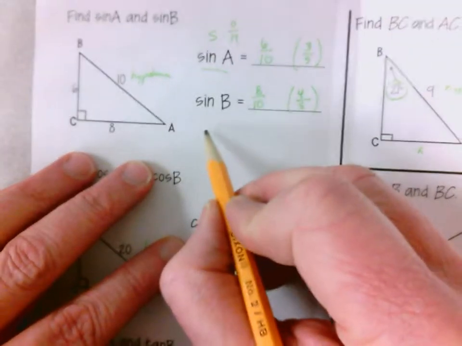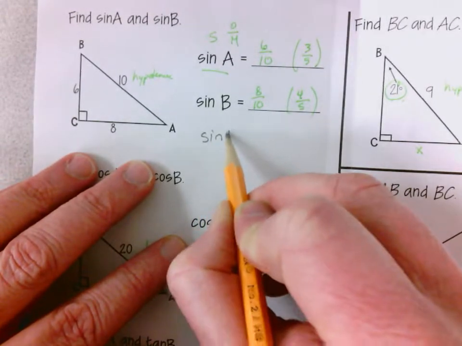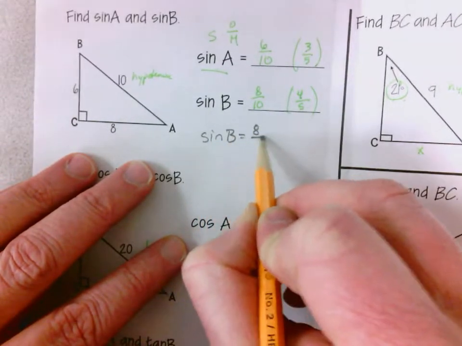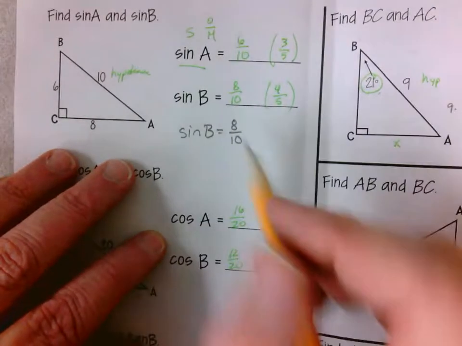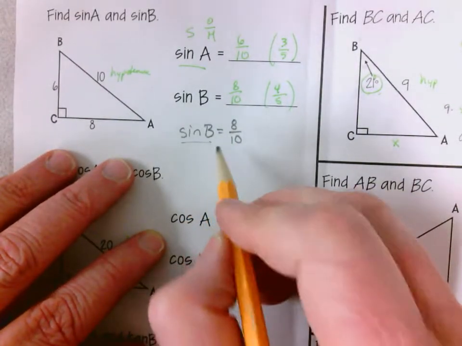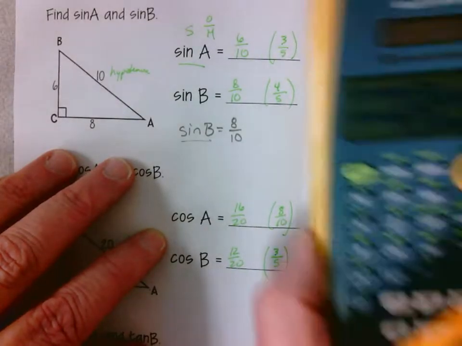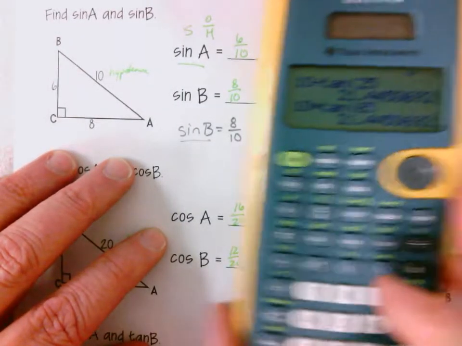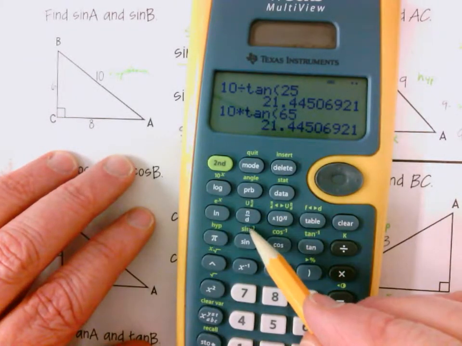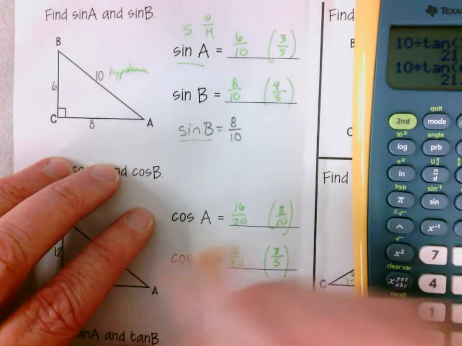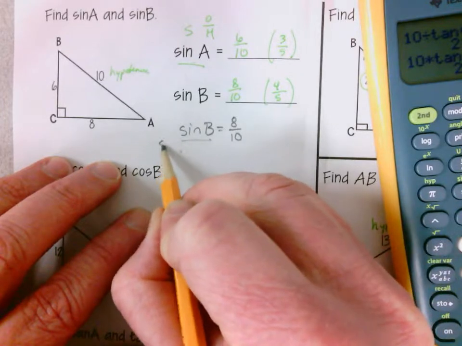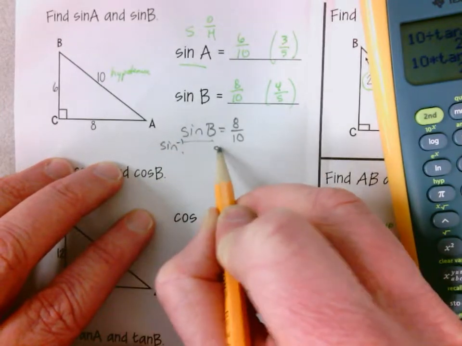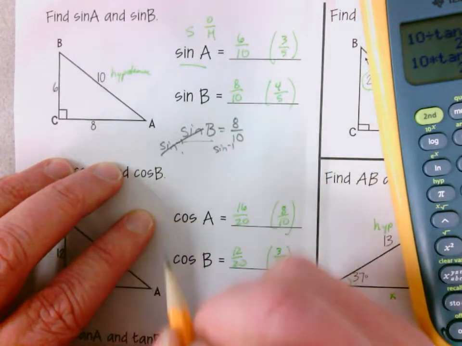So if I know the sine of b is 8/10, and I don't have to reduce it, the way I find an angle to get rid of sine is something called inverse sine or arc sine. And you'll notice it's right above the sine. Some people call it second sine because you're pushing the second button. So if I take the inverse sine of both sides, sine cancels out.